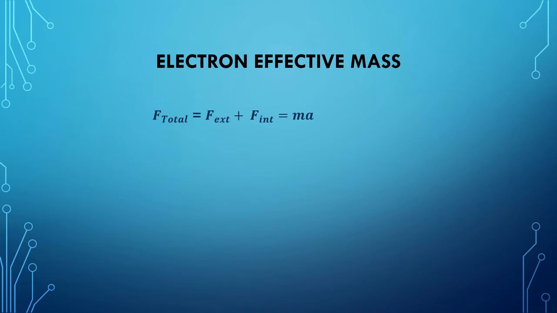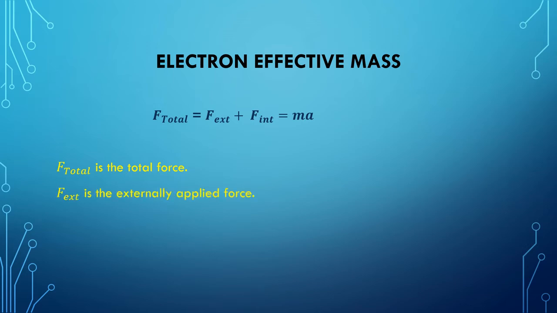What is m? What is a? We talk about this topic. So F total equal to F external plus F internal, where F external is the force which we apply externally, and internal force means the crystal's inbuilt force, that is due to the positively charged ions or protons and the negatively charged electrons.